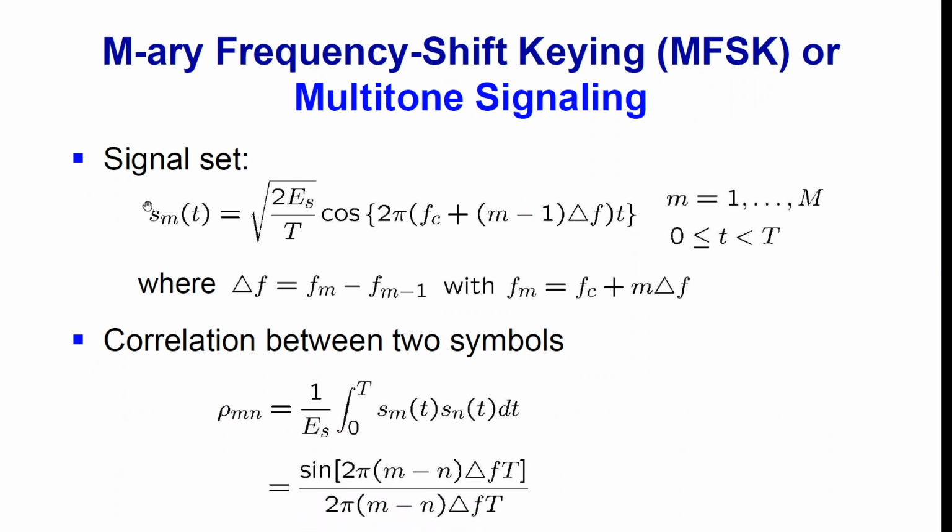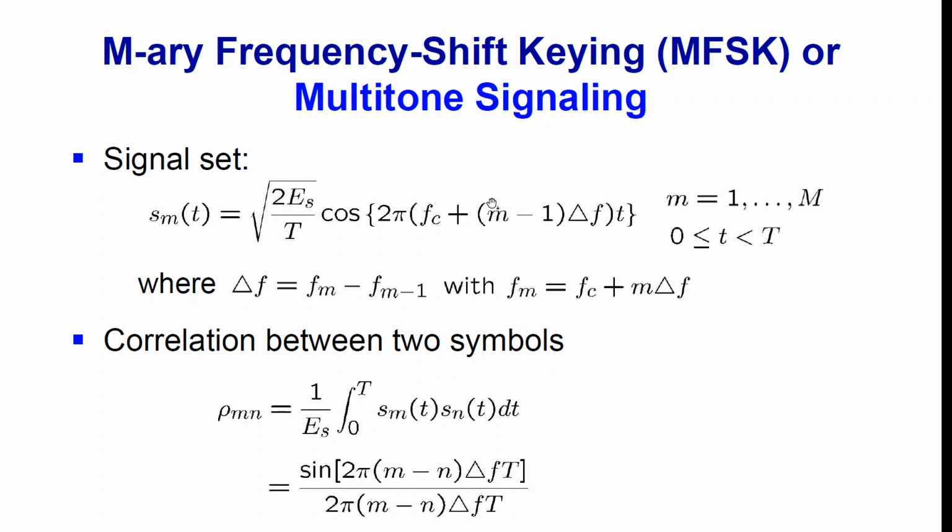Now MFSK. In MFSK, there will be M different frequencies. Each will select Sm of t in such a way that each represents a combination of small n bits. So there will be a total of capital M symbols.